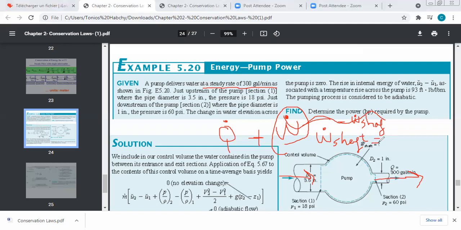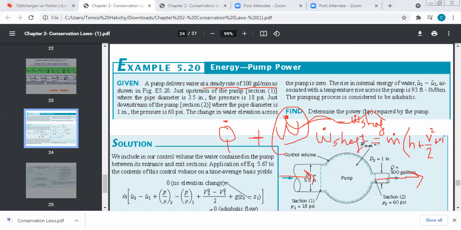is equal to m dot. Now, since we have steady flow, m dot in is equal to m dot out, so I can take m dot as a common factor. Then I will write the expression m dot times, what do I do if you remember? I should do enthalpy plus V square over 2 plus gz.